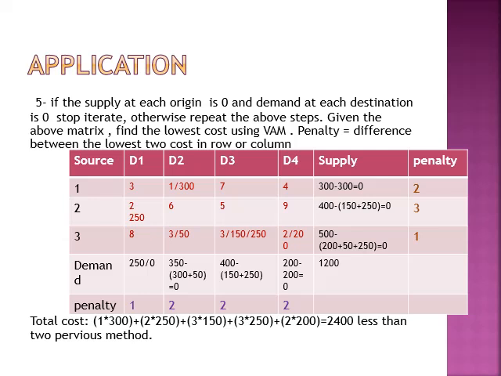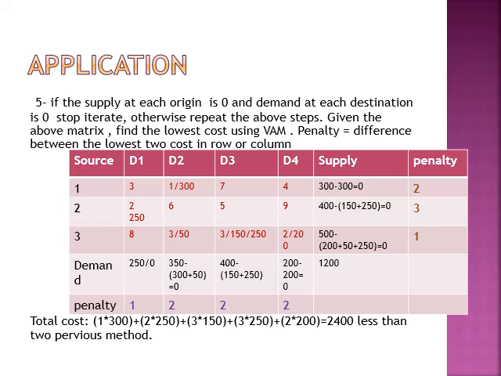Now, let's go to the first column, the column of D1, and find the penalty. The difference between the two least costs is 1: 3 minus 2 equals 1. Move to column D2. The difference is 2.